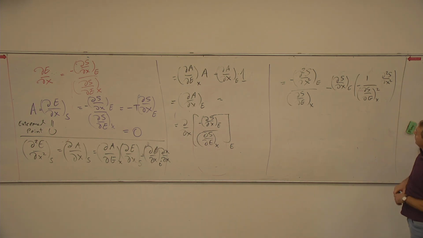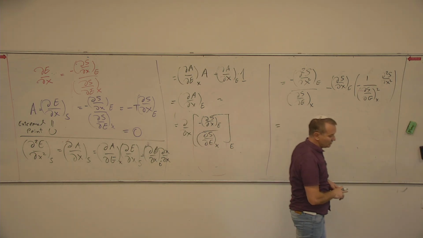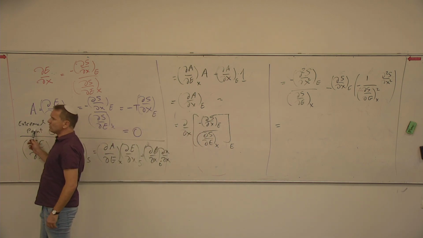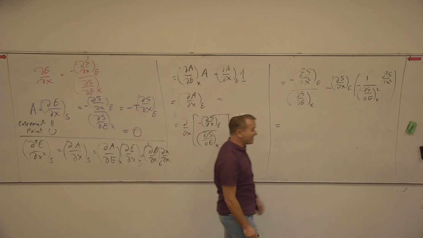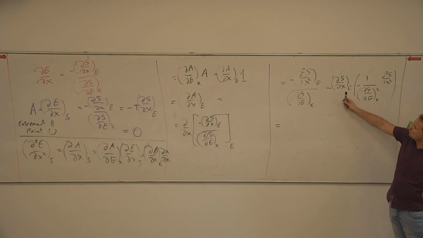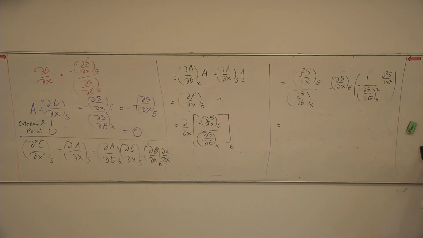Okay. Now, it looks complicated, but it's actually not. Why? Because again, we all the time work in the vicinity of this extremal point. So what do we know? At the extremal point, what happens to dS/dx at constant E? It's zero, right?